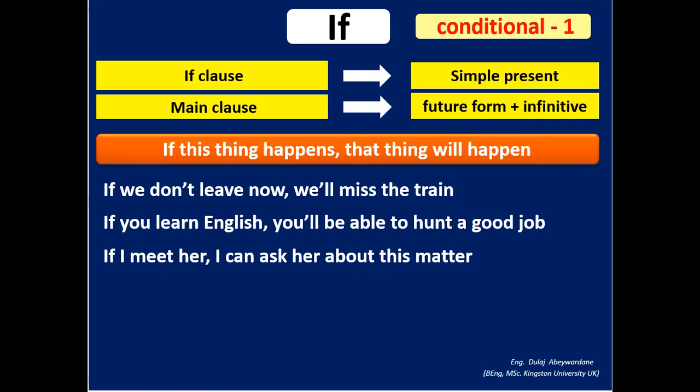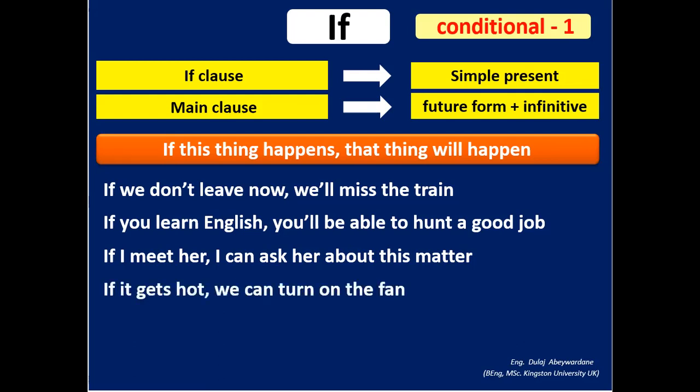I can ask her about this matter, I will ask her about this matter, because it has not happened yet. So you can use can, might, could, going to, anything instead of will. It's not a must to use will.